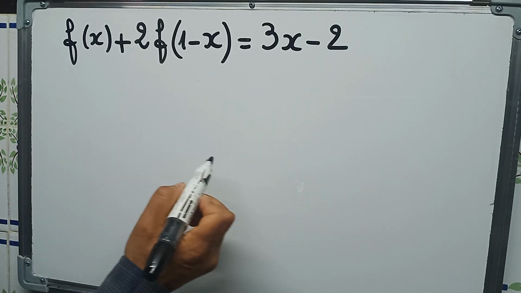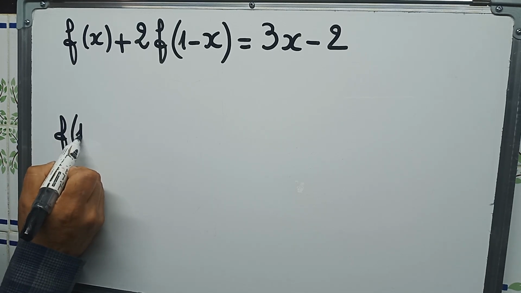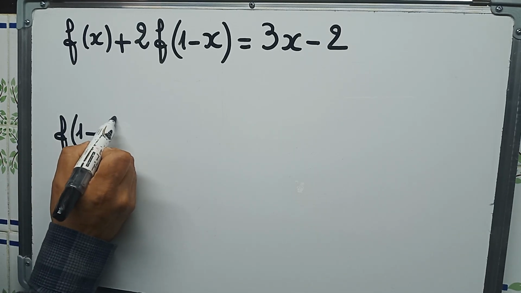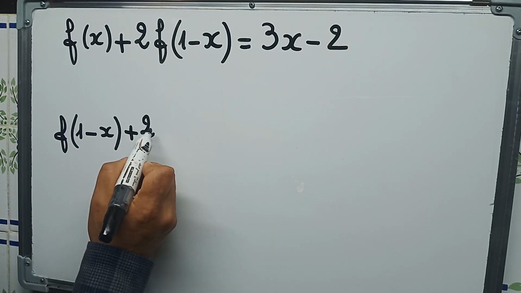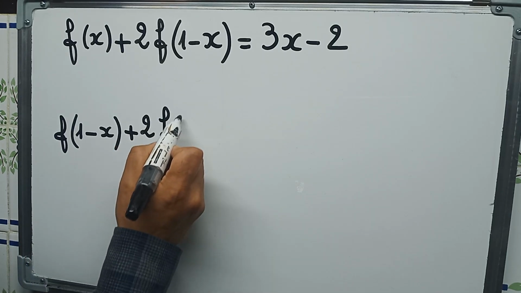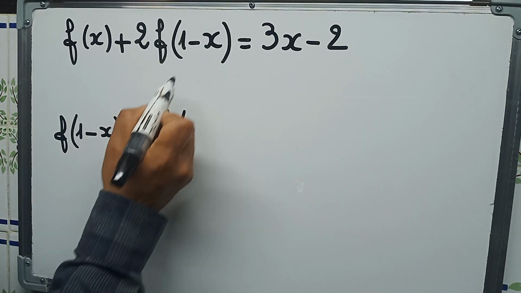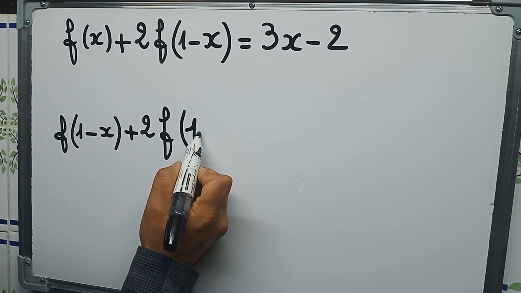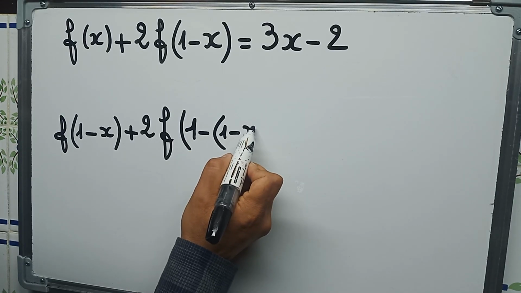So we will do like this: f of 1 minus x plus 2 f of, for x we have 1 minus x, so here we will have 1 minus x.